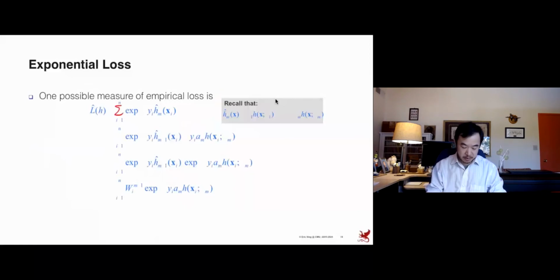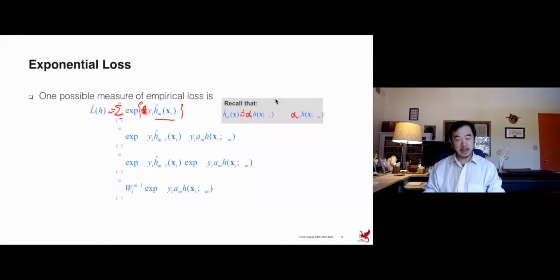So let me reproduce all this. I think I'm missing an alpha here, right? It should be alpha. No, there's no alpha there? No. Oh yeah, there's no alpha because the alpha is in here. Sorry. So this h of m is the classifier in the mth iteration.